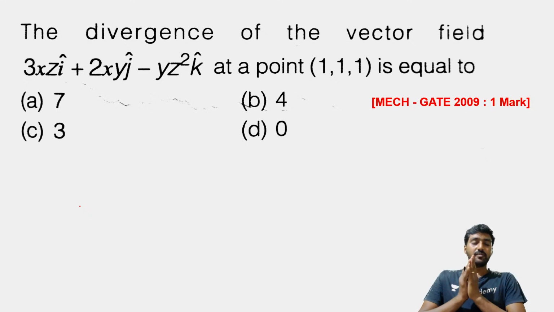Divergence of the vector field 3xz i vector plus 2xy j minus yz square k vector at the point 1, 1, 1 is equal to.